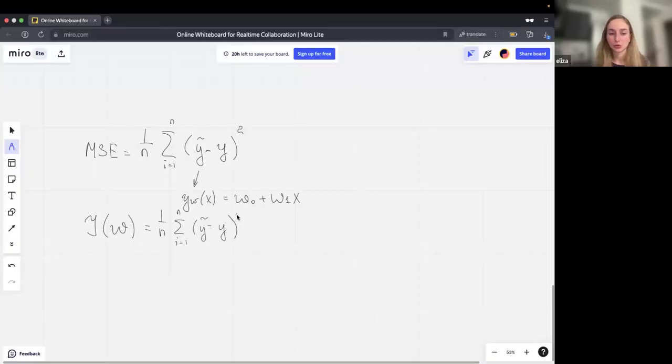You want to find the minimum. This function you want to minimize with respect to weights, because you want to find weights with which your error will be minimal.